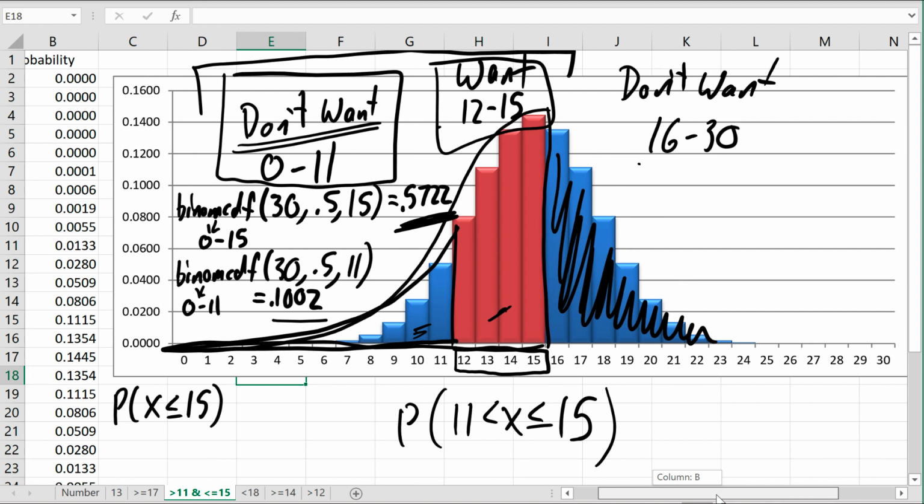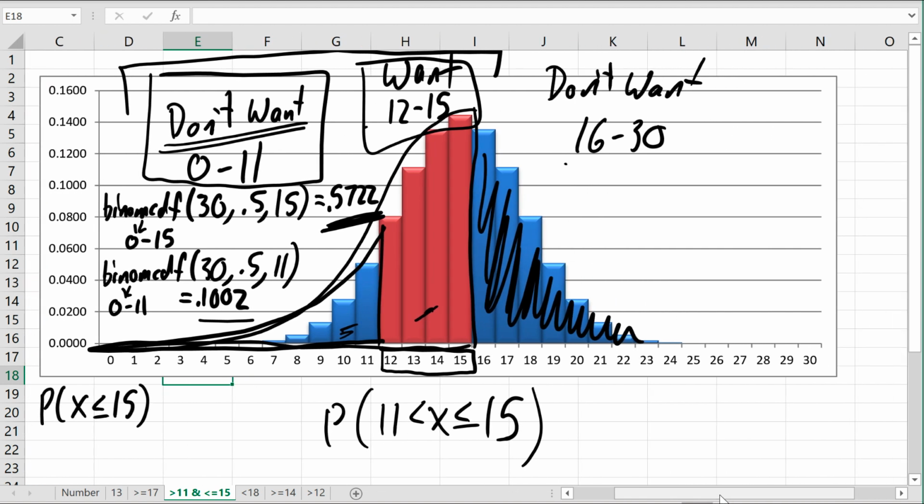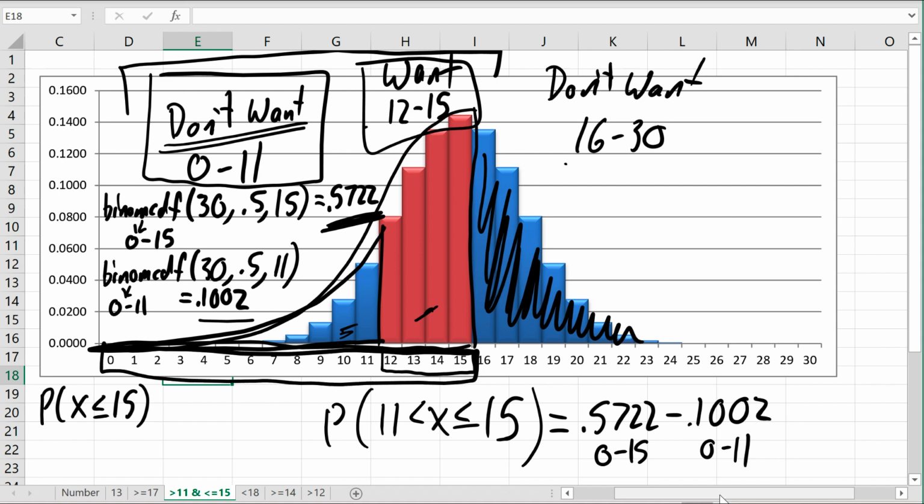Let's scroll over. We can find what we want by taking 0.5722, the probability of between 0 and 15 successes, and subtracting out 0.1002, the probability of between 0 and 11 successes. So if we take between 0 and 15 successes, so that's all of these, we take all of those and we subtract out all the successes, 11 or fewer, then that's going to leave us with just the successes 12 through 15.